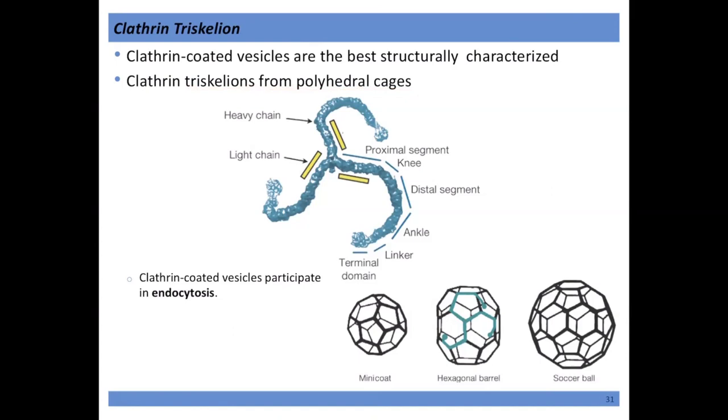And then these clathrin-coated vesicles also participate in endocytosis when we bring things into the cell. So just understand that it's not just a membrane that is going to bind with the cell membrane to transport these, but we have these coated vesicles.